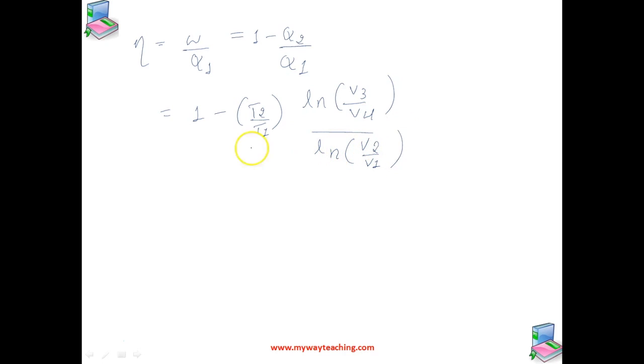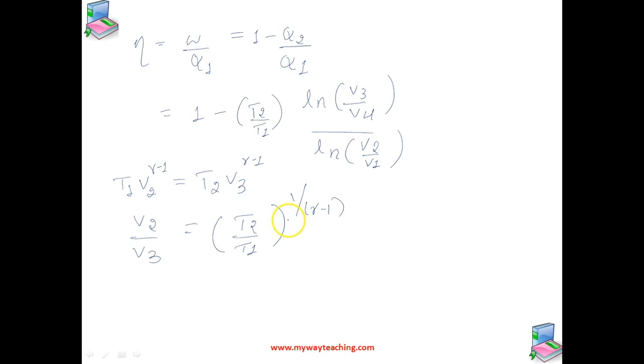Since 2 to 3 is an adiabatic process, we know in an adiabatic process how the equation goes, and we can take V2 by V3 out, and we can write T2 by T1 raised to 1 by gamma minus 1.